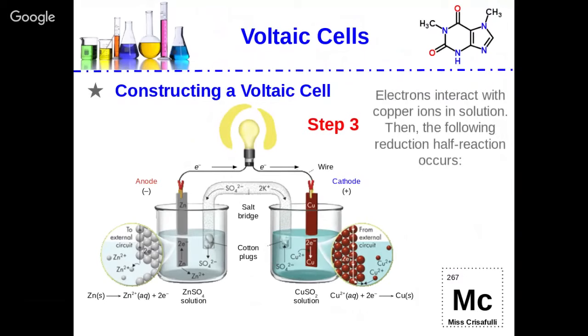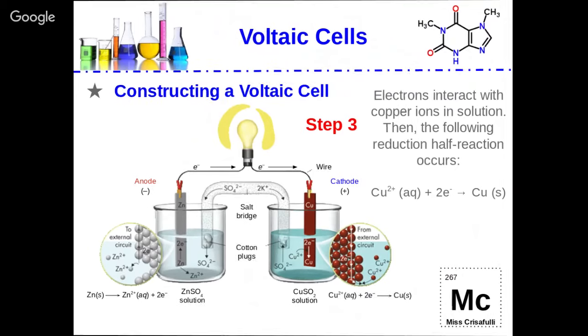Electrons interact with copper ions in solution, and then the following reduction reaction occurs. So those electrons are going to be deposited onto the copper strip, and so that is going to get a negative charge. So we want to make sure that our solutions are neutral constantly. So the copper ions that are in solution are going to go and plate themselves on that copper electrode.